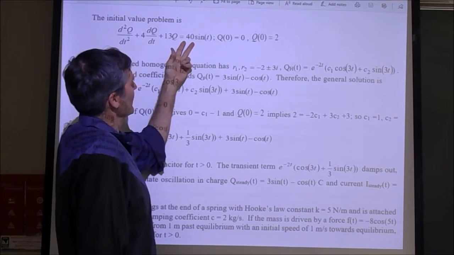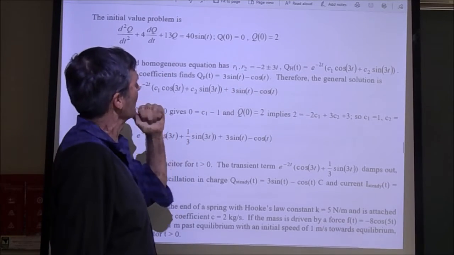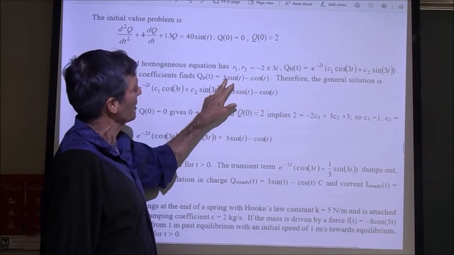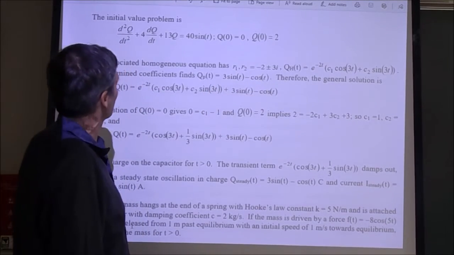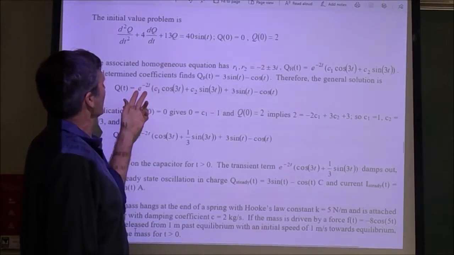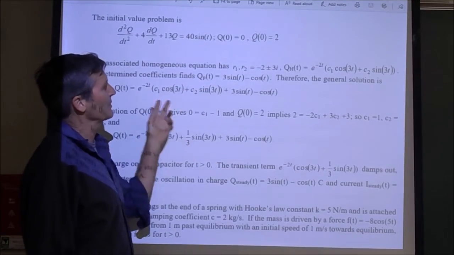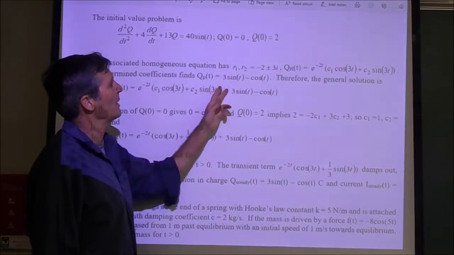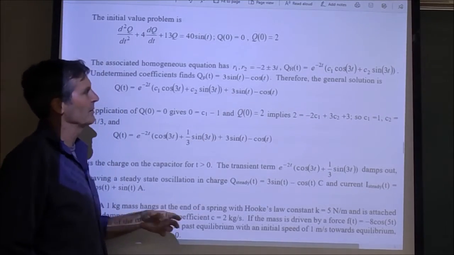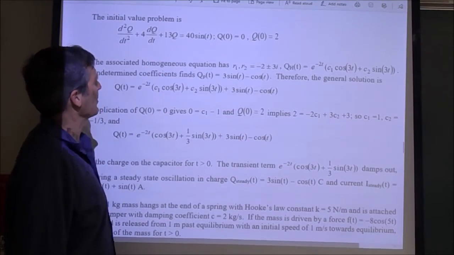You need a constant times sine plus a constant times cosine for a particular solution. If you plug that in and determine the coefficients, it comes out to be 3 sine t minus cosine t as a particular solution. And so you have this as the general solution: e to the minus 2t times c1 cosine 3t plus c2 sine 3t, the general solution of the homogeneous problem, plus this particular solution, one solution of the problem that we found from the undetermined coefficients method. This is all solutions to the circuit problem.